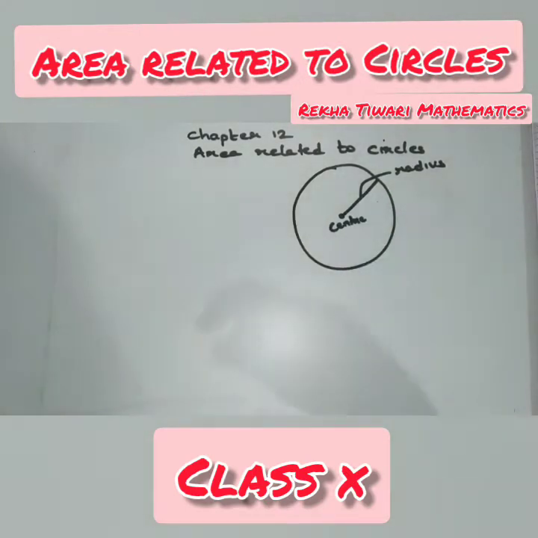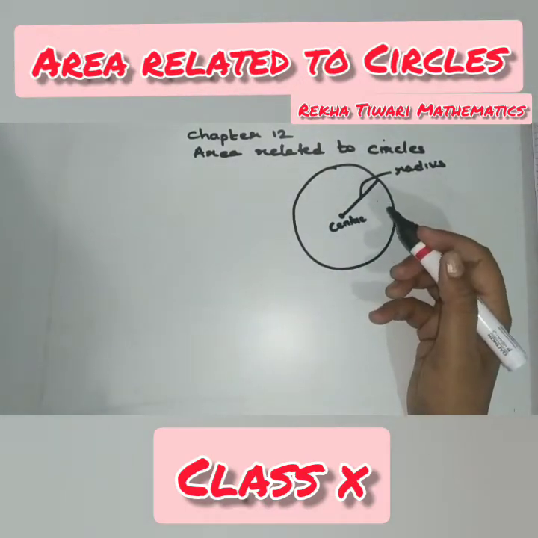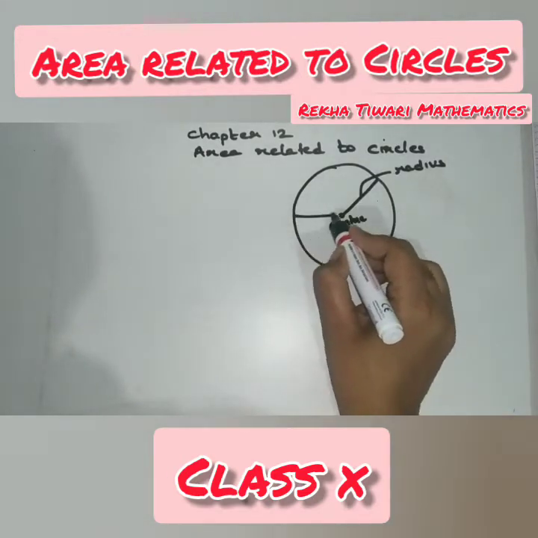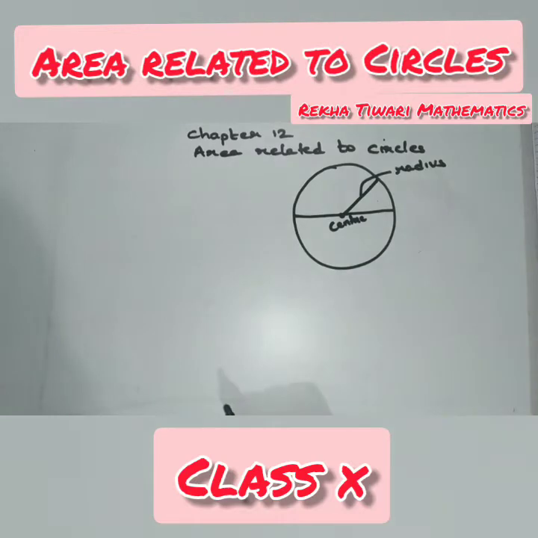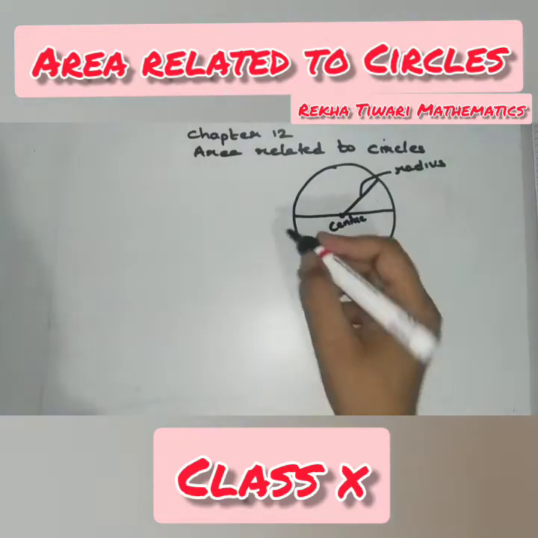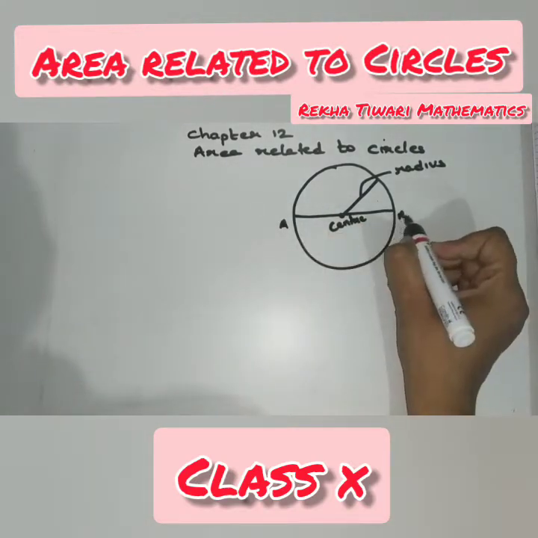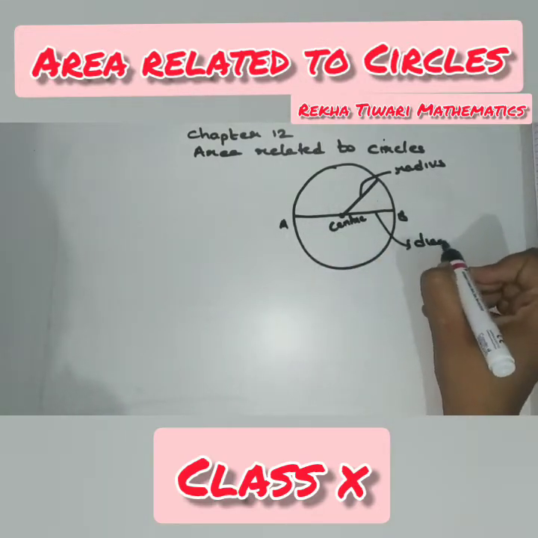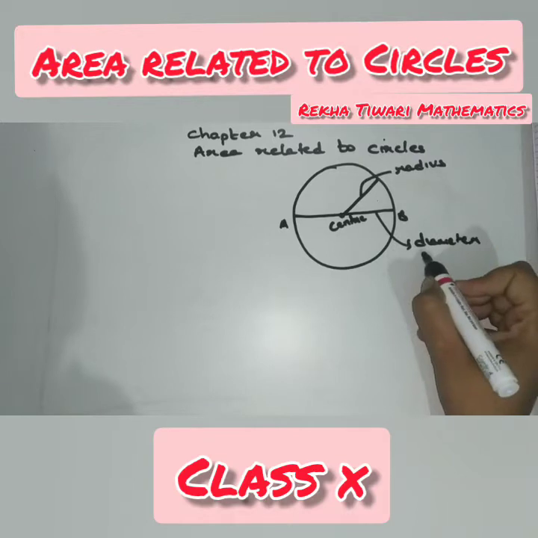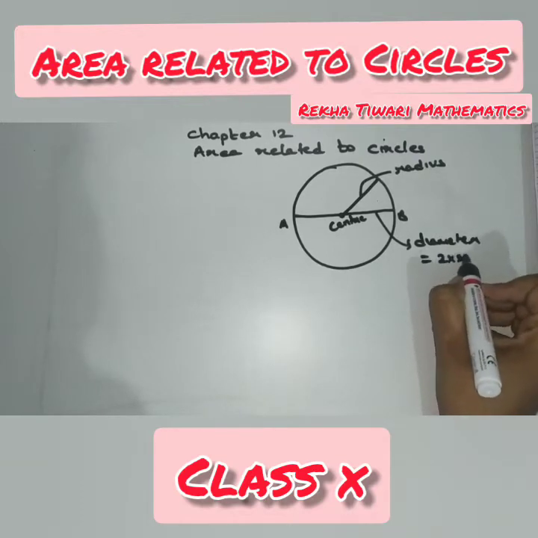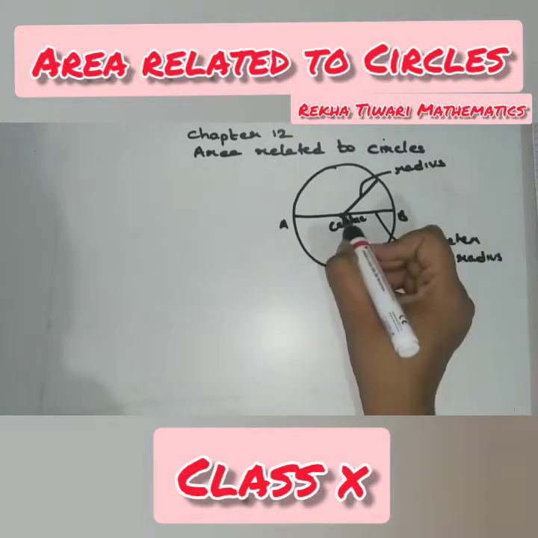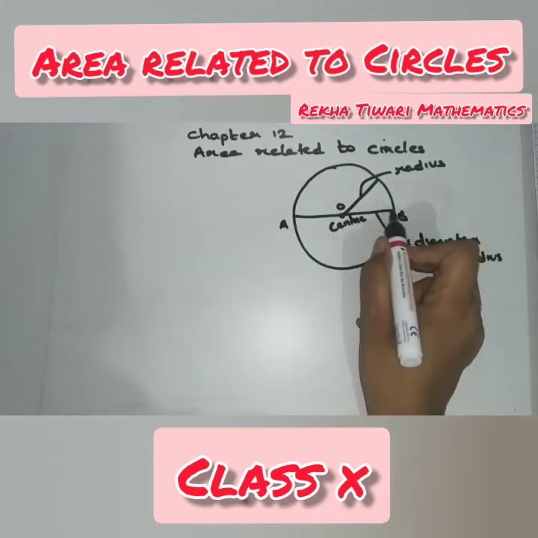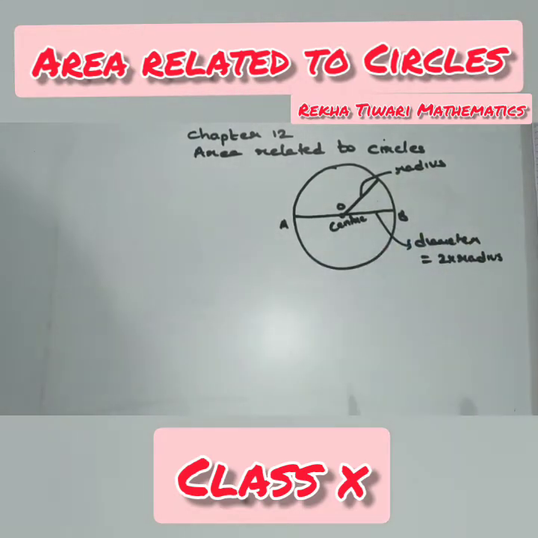Or simply you can say that diameter is a line which touches the circumference at 2 points and it passes through the center. So this is called the diameter, and diameter is nothing but equal to 2 into radius. See, if O is the center, OA is one radius, OB is other radius, and when I join these two radius, it becomes a diameter.